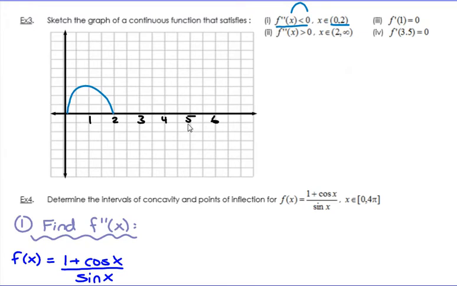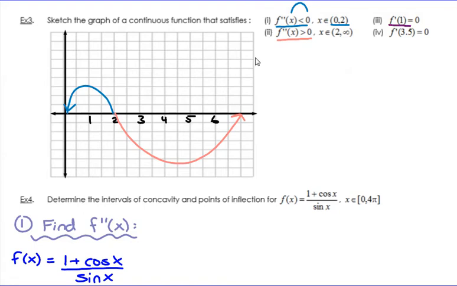All right. They also told us it's concave up from 2 to infinity. So something like this. Continuing. This one's probably continuing. Okay. They also said that they wanted a specific point at 1.